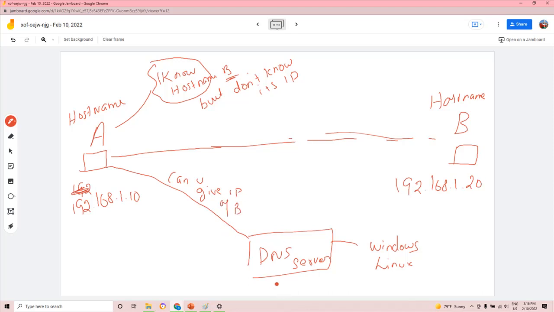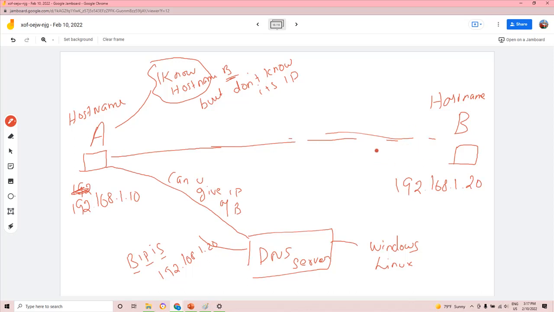So it will check its database and give the answer: B's IP is 192.168.1.20. It will give the IP. So using the IP, A will again try to find the MAC address using ARP protocol. Then using the MAC, it will send the frame within a local area network.